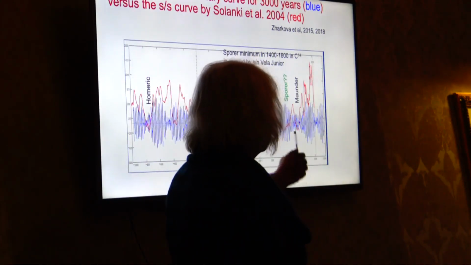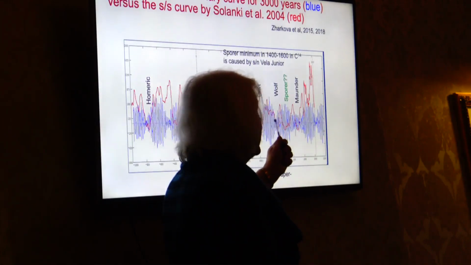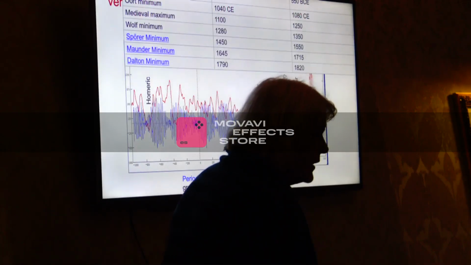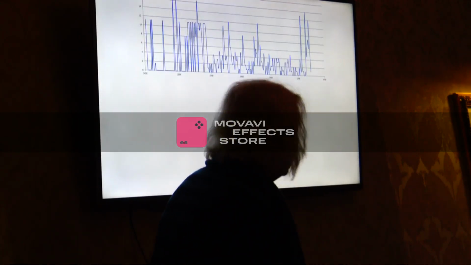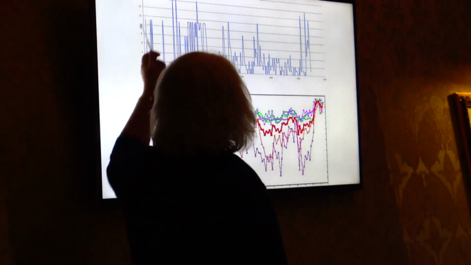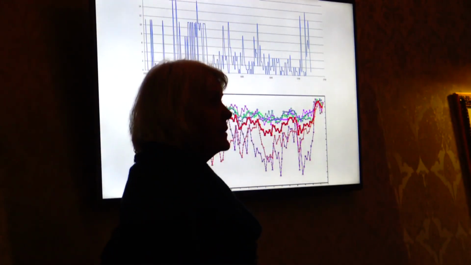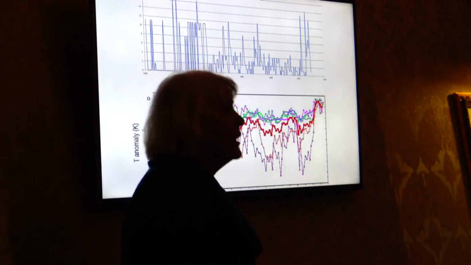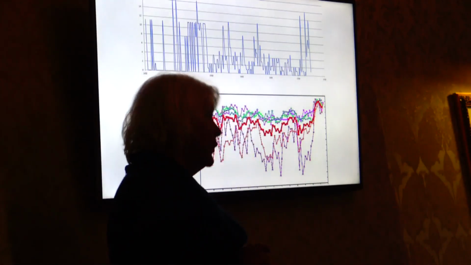This is why this was referred probably to the Wolf minimum, if not Maunder. I don't know which one, because at that time when they referred to it as the Spörer minimum, this is when the strongest ever observed Aurora Borealis occurred.